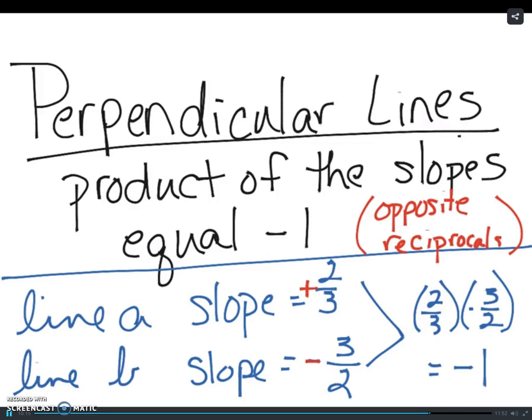I just think it's a little bit faster to recognize opposite reciprocals. If you're comfortable with that, then great, you can use that. If not, multiply the slopes, and you should get negative 1. And again, at that point, you don't have to see a picture or anything. You automatically know that those have to be perpendicular lines.